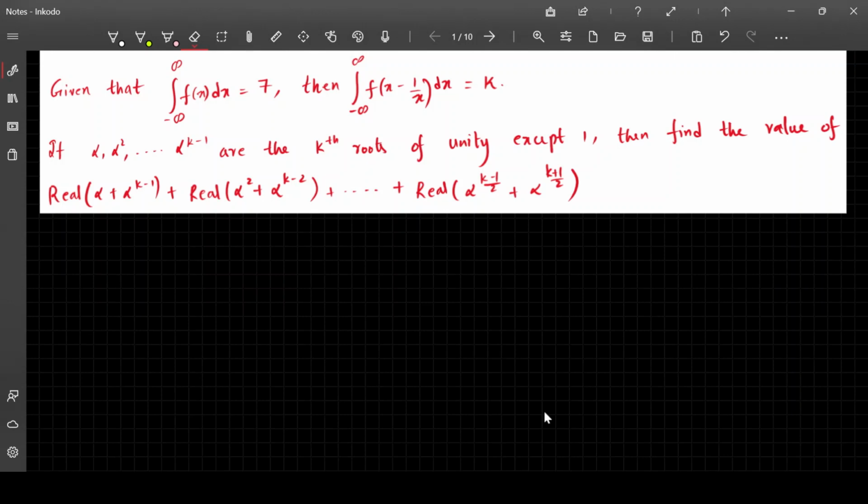So in today's problem of the day video, we'll see a question with two concepts. One is from integrals, the concept of improper integrals, and the second one is complex numbers. As these questions are framed by me, I'm not taking any help from any source.